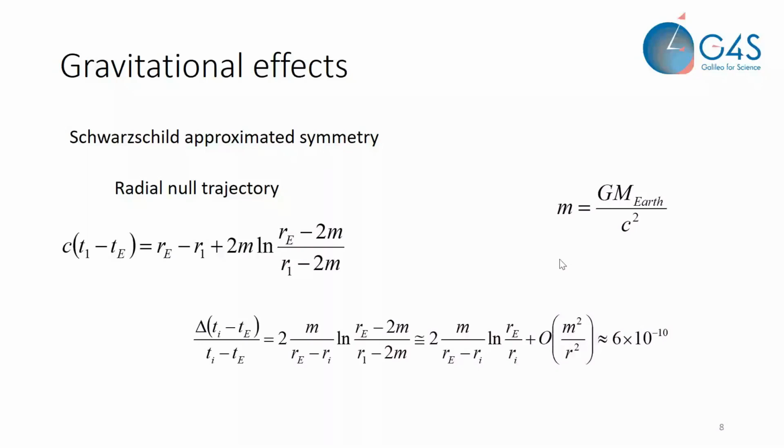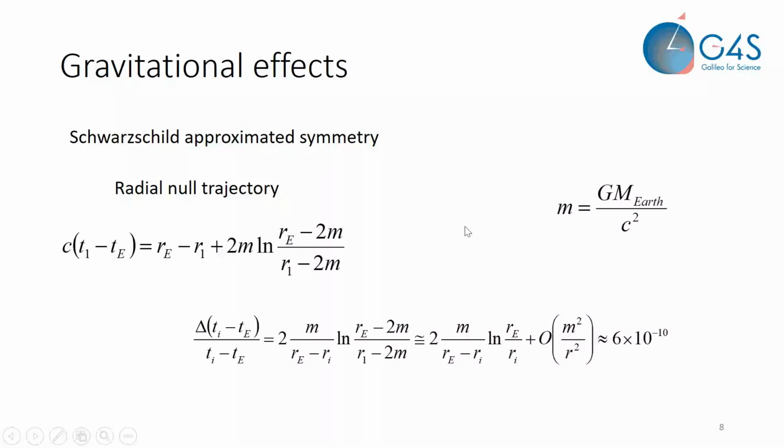And again, to simplify and to have an order of magnitude, let us consider a radial null trajectory, which allows us to integrate exactly the trajectory. And we are left with this result.